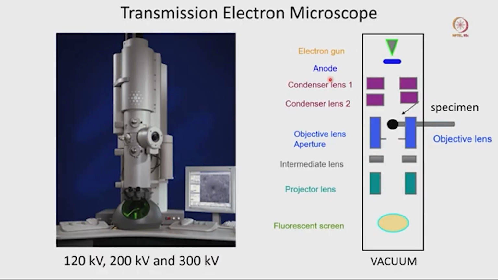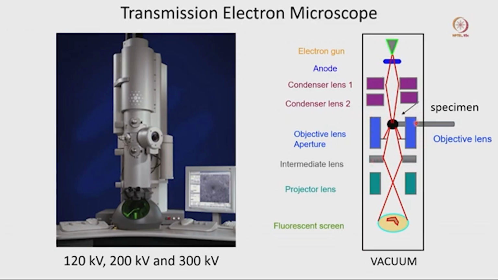We already discussed this slide in the last class, the schematic diagram of this microscope. If you look at the inner side of this microscope, you can see there is an electron gun, and then there is an anode, and then there will be two lenses. The lens names are condenser lens 1 and condenser lens 2, and additionally there will be another condenser lens, called condenser lens 3.